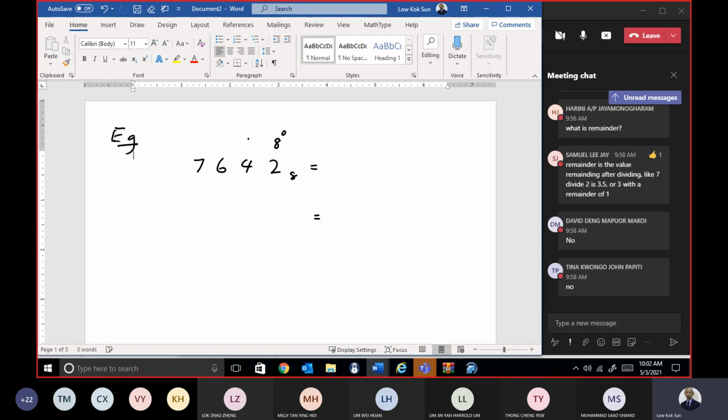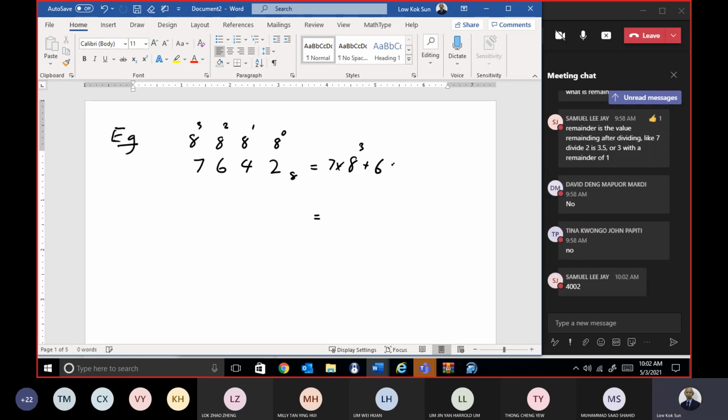This one has 8 to the 1, 8 to the 2, 8 to the 3. So the value of 7 is 7 times this, and then 6 is, I always write 10.